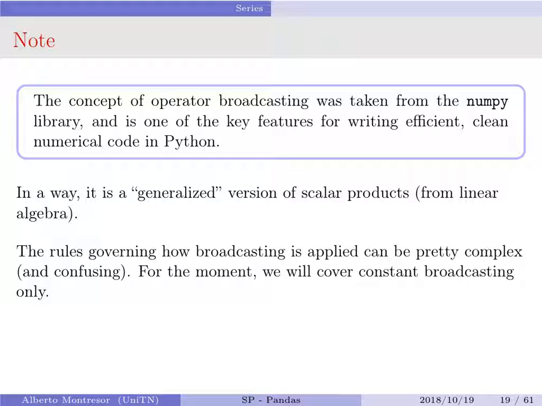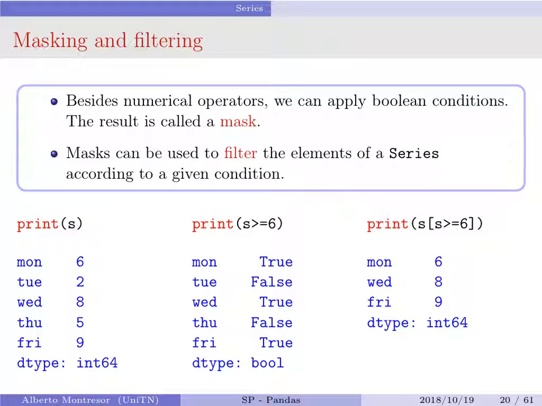These are just the basic ones. For the moment we will consider only constant broadcasting, so the value you apply is equal for all the elements. But you can also have dynamic broadcasting, which means that the value that you sum is computed in some way, but it's much more complicated.